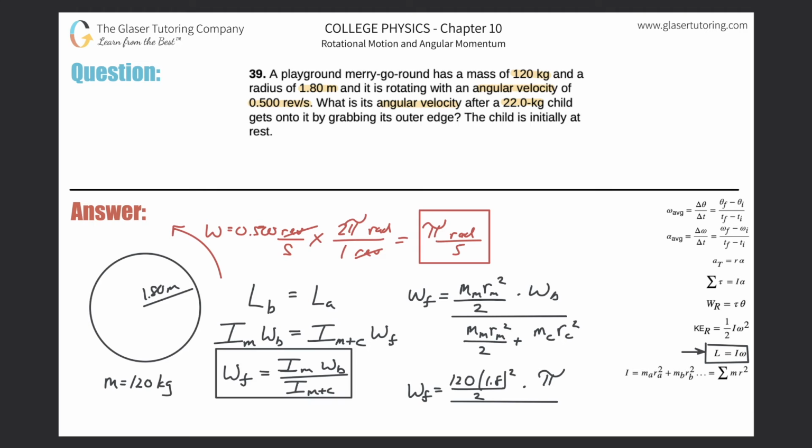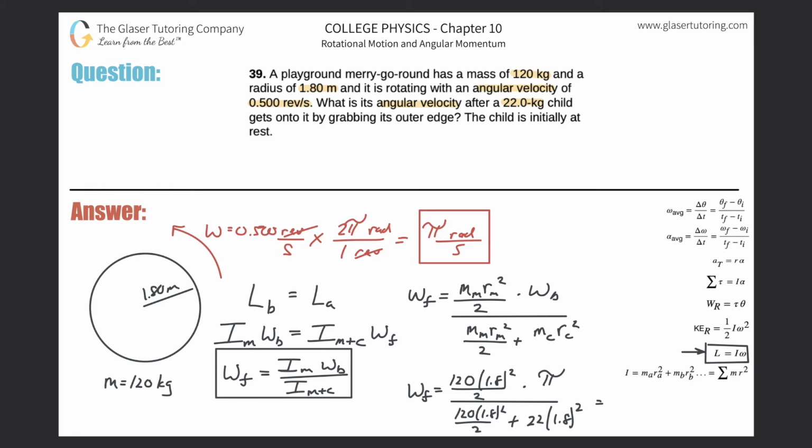This whole thing is divided by 120 times 1.8 squared over 2, plus the mass of the child, which is 22 kilograms, they told us, multiplied by the radius of the child relative to the axis of rotation, which is also 1.8 meters. 1.8 squared. All right, so let's calculate.